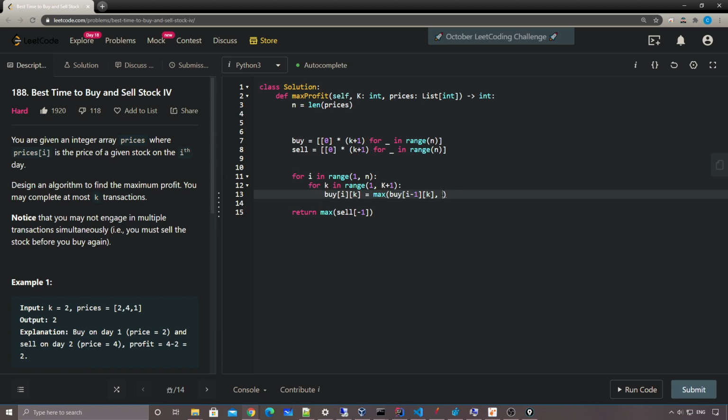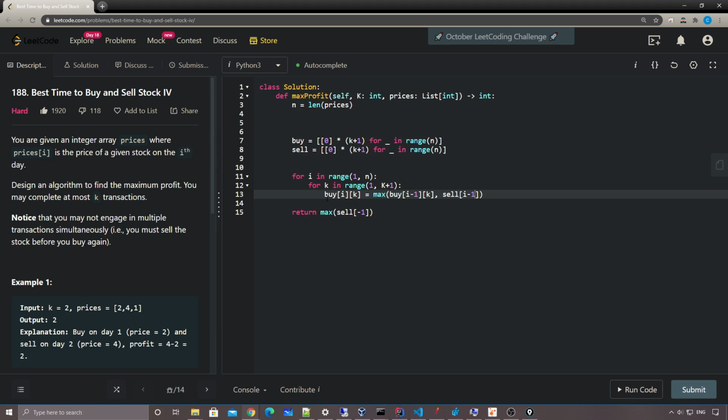The second one is of course that we buy the current stock. So if we buy the current stock, what does it mean? It means that the previous I minus one day has to be sell, right?